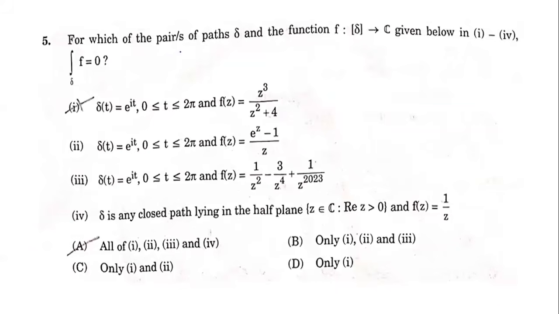Next, which of the pairs of paths delta and the function f from delta to closed interval, they are given closed interval delta to C given below in 1 to 4, for integration under the closed curve delta f is equal to 0.